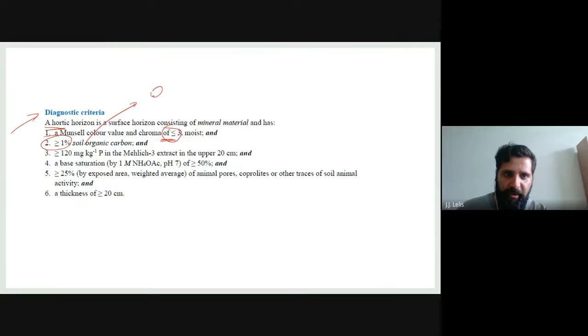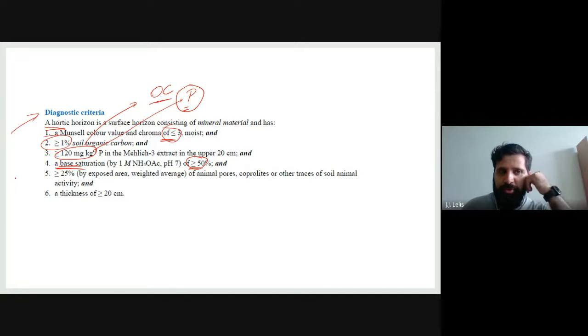So the organic carbon, at least 1%, should present a higher content of phosphorus, because in general, humans incorporate materials with a lot of phosphorus. It should present a high base saturation, at least 50% or half, because humans generally act to increase the base saturation.